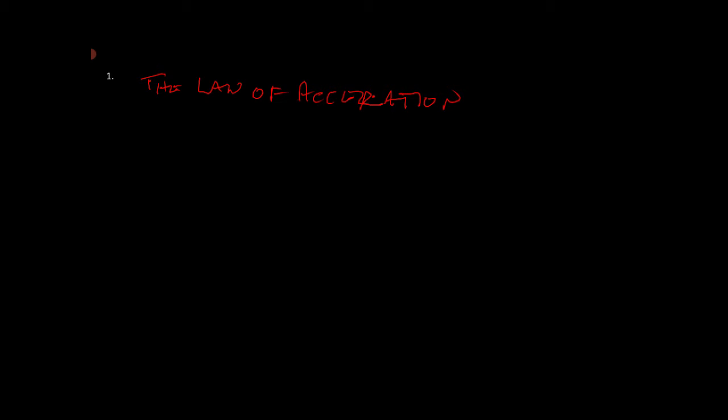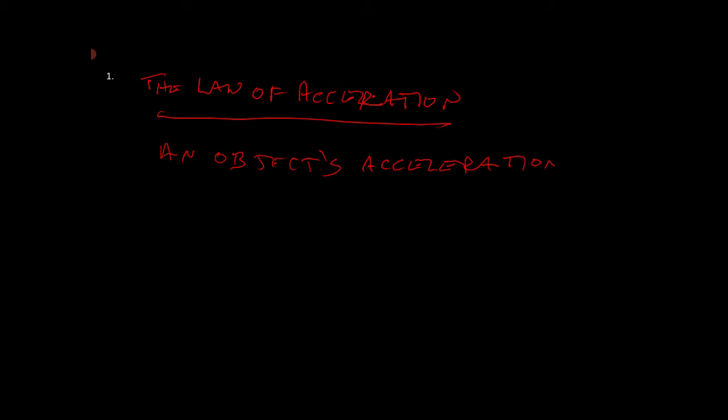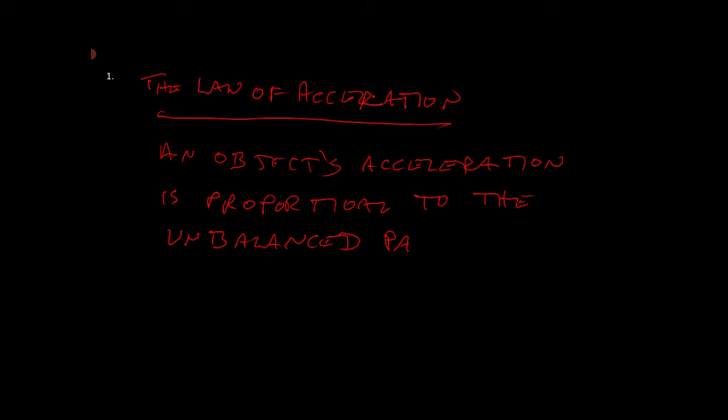So what you end up with is this law of acceleration, which is going to say that an object's acceleration is proportional to the unbalanced part of the sum of the forces.